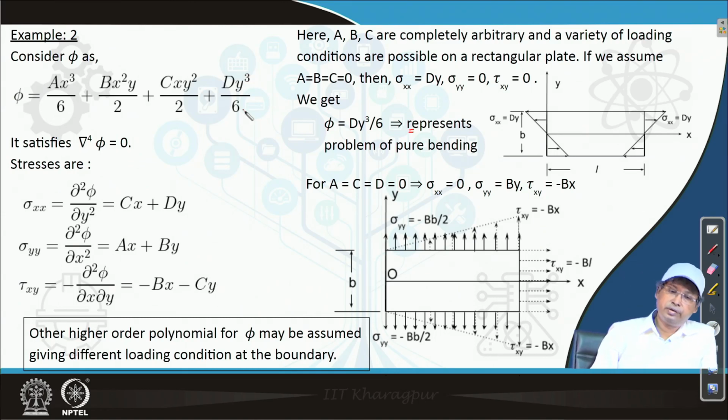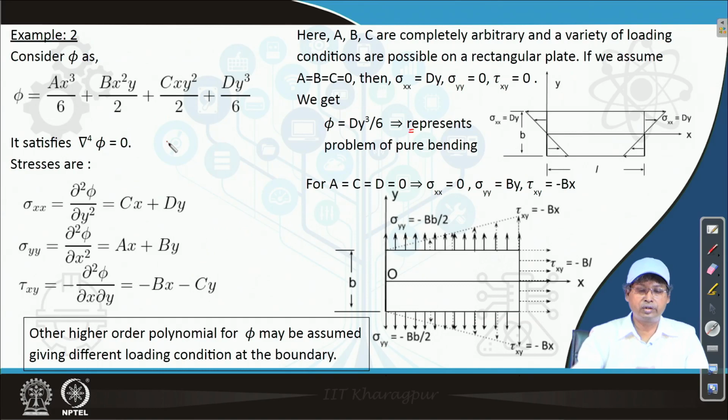This also satisfies the biharmonic equation, grad 4 phi is equal to 0, which you can easily check. I would suggest you check. I have not worked out these things here, I have only described it verbally, but you may try this. Following a similar approach, since this is the first part of the assumption, we can find the stresses.